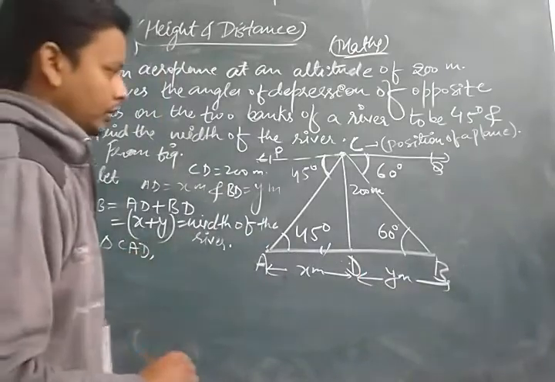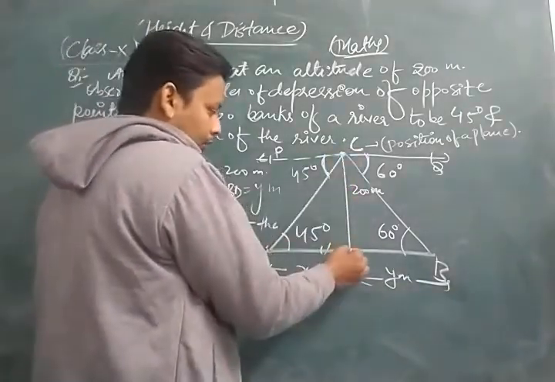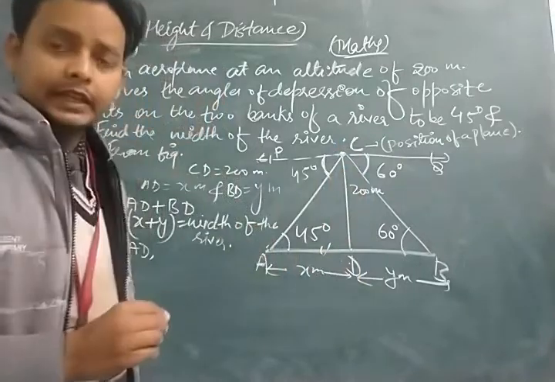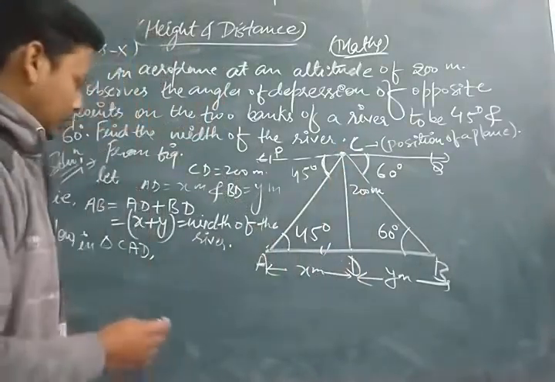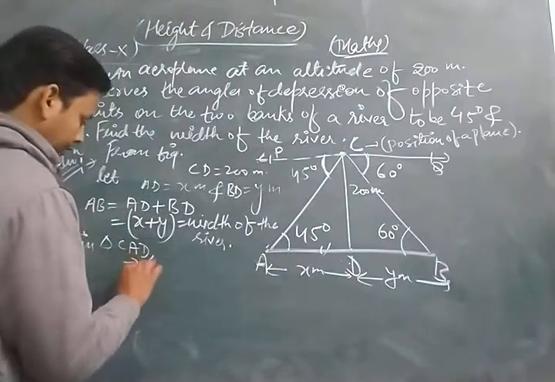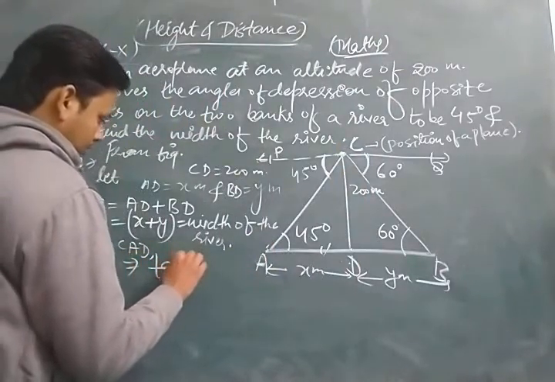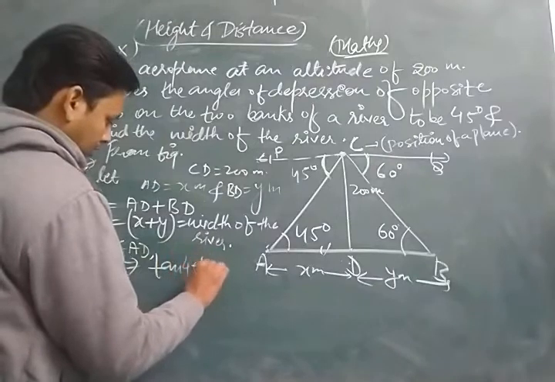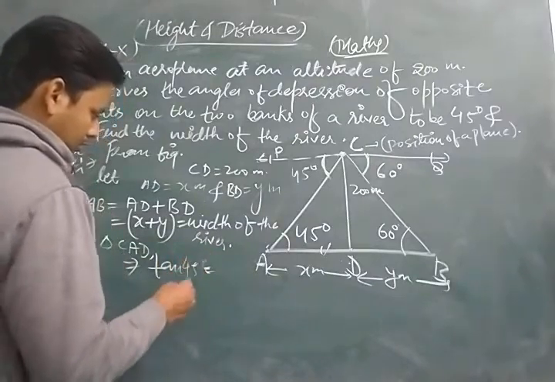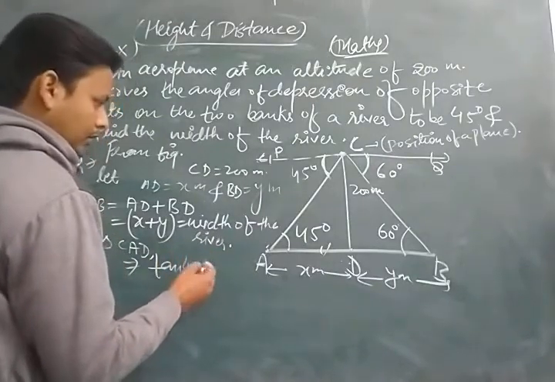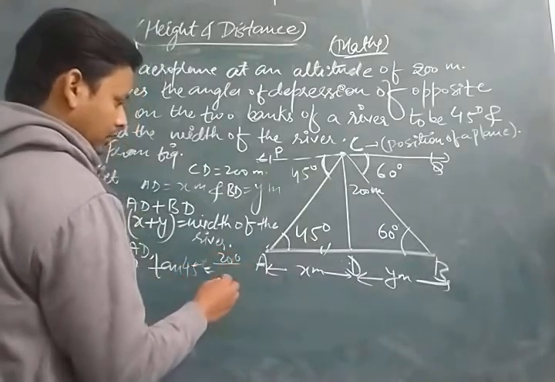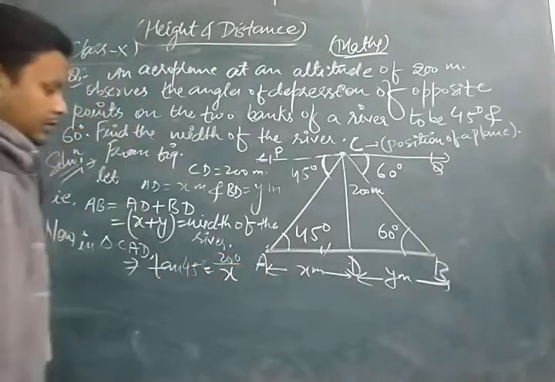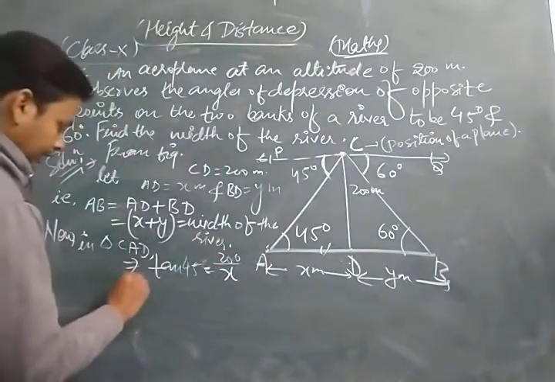Now in triangle CAD, CD is the perpendicular and this is your base. So we apply the tangent rule, which means tan theta is perpendicular upon base. So tan 45 is equal to perpendicular upon x, that is 200 upon x.